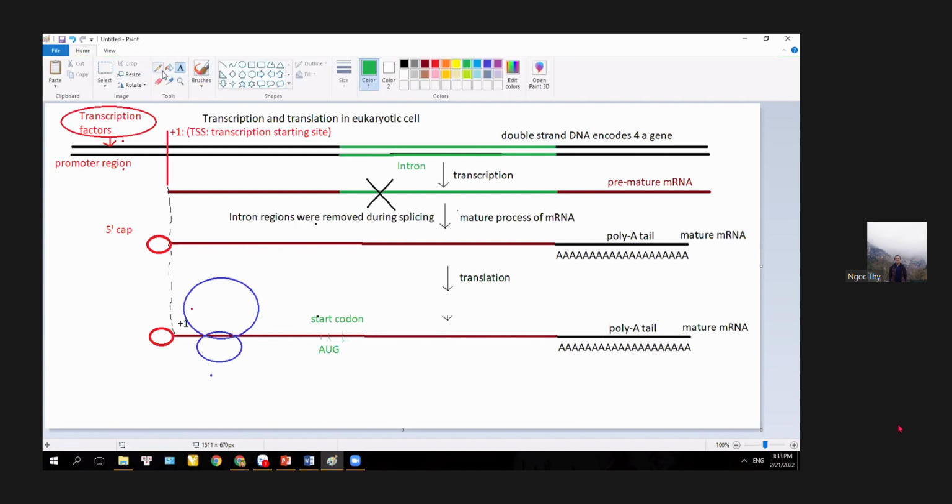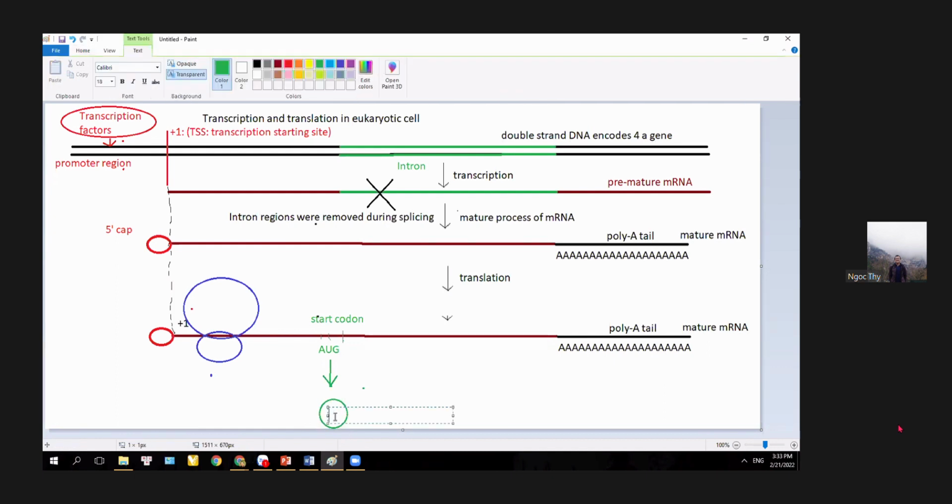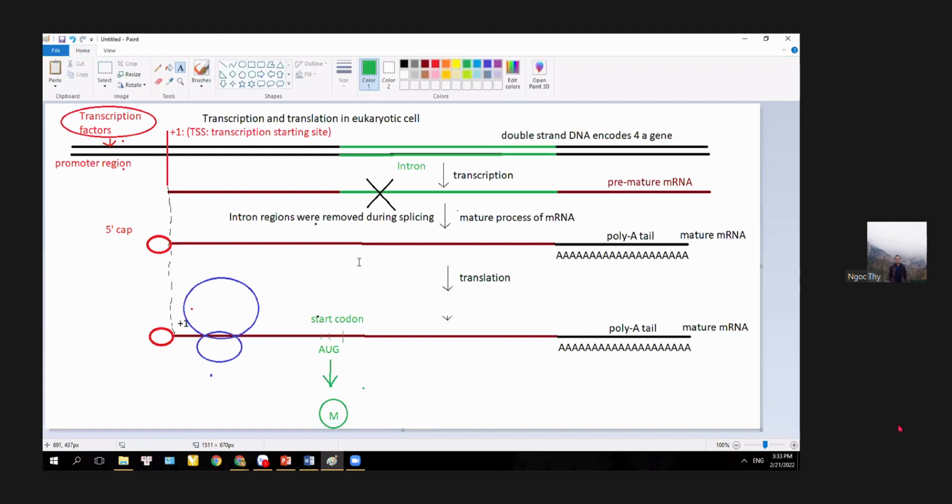From this position, it will start to synthesize the polypeptide. So the first peptide is methionine here, and it will continue to synthesize another amino acid here.